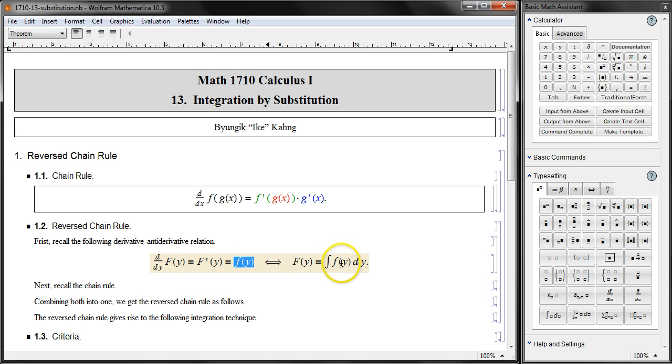Or equivalently, we start from small f and take the antiderivative to capital F. We have been using this small f, capital F notation in the fundamental theorem and before, so it shouldn't cause any problem. Just replace capital F with small f here, and y with g.